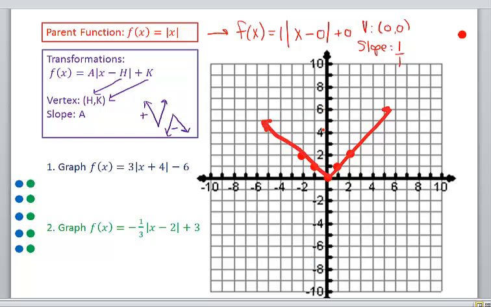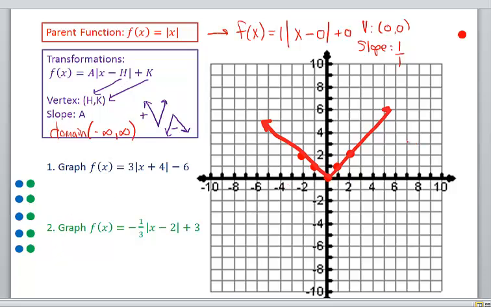Okay. My V graph opens upward because my A value here was positive. My vertex is at 0, 0. My slope is up 1 and over 1. If I want to take a look at my domain and range, my domain of any and all these absolute value functions is always going to be still negative infinity to infinity.